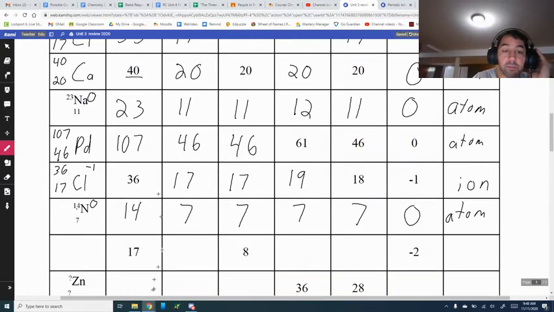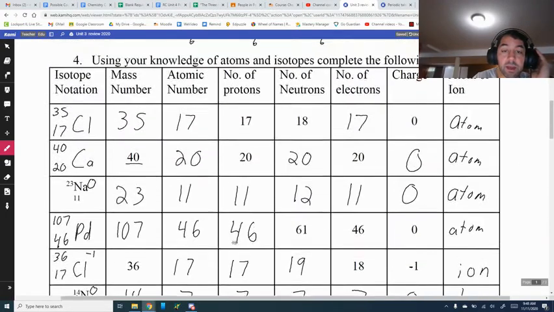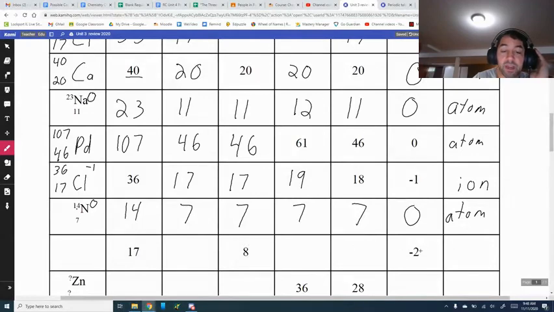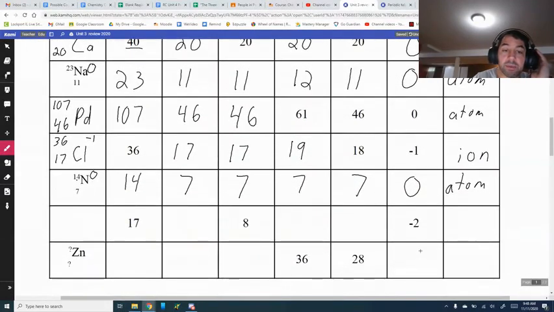Next one, mass number 17, number of protons is 8, and a charge of -2. So atomic number is 8. Next one's neutrons. So 17 minus 8 is 9. Electrons, now this is -2, so that means we have 2 more electrons than protons.